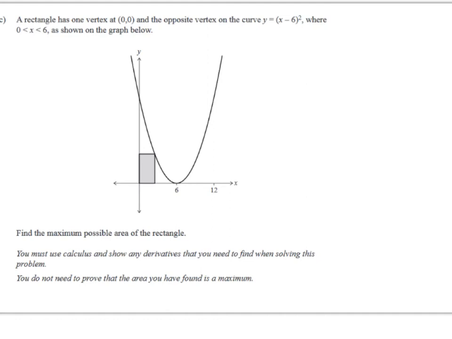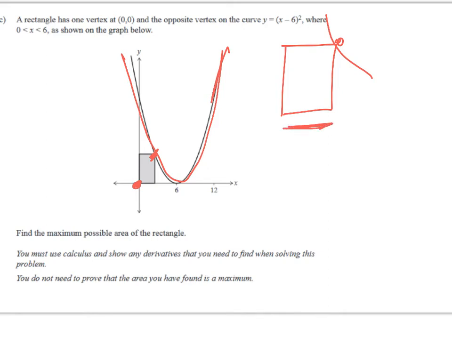Okay, I've got a rectangle here that I've got to work with, and the rectangle's formed by this curve here. It's got one vertex here at the origin, and the other vertex is on the curve. So what we're trying to do is figure out how can that rectangle be as big as possible. But we know that this here is going to be x, so the width will be x.